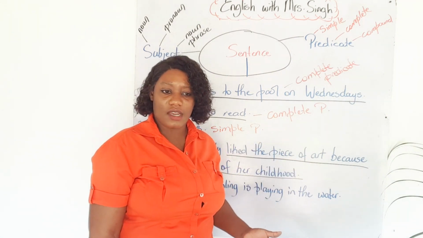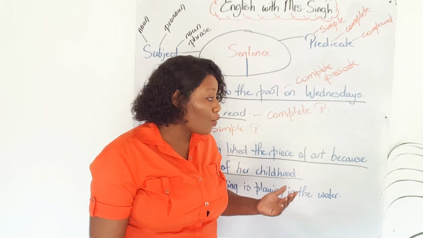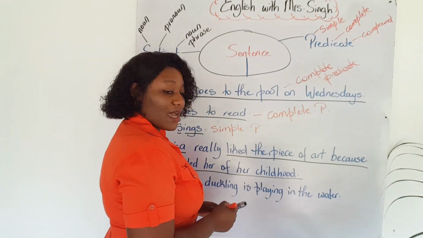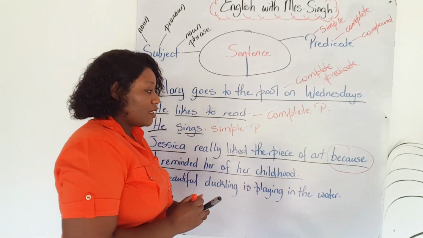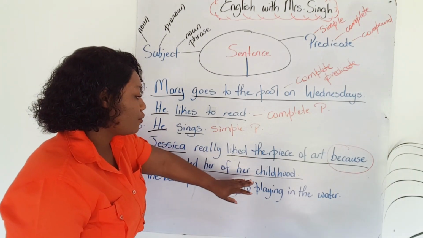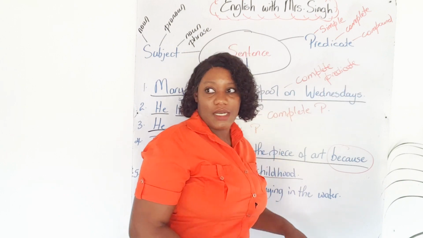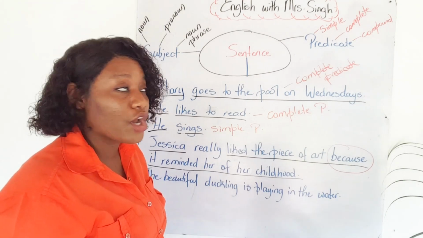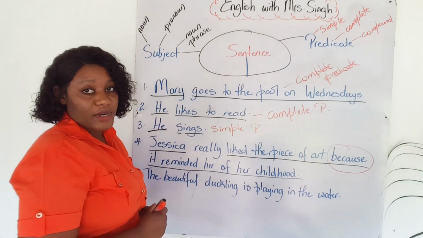Now, what is because here? Because is a conjunction. So we have the addition of a conjunction in the sentence. This conjunction puts two sentences together. So it is doing what? It is compounding our predicate. So this is a compound predicate.